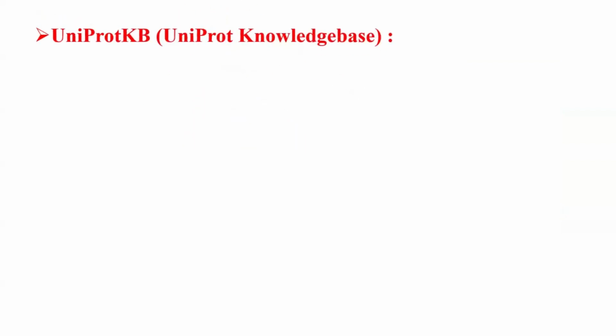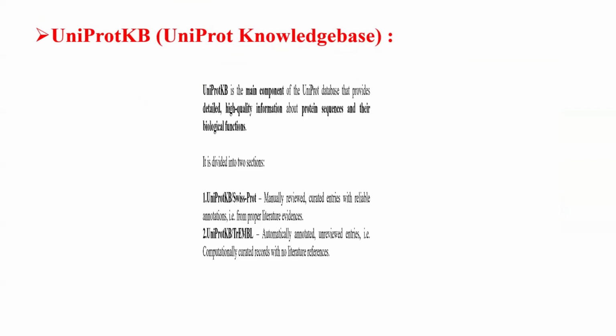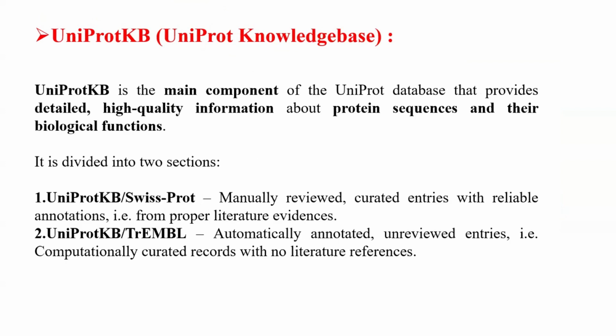So what is now the UniProt KB? The UniProt KB is the main component of the UniProt database that provides detailed and high quality information about protein sequences and their biological functions. Whichever protein you choose, its information, protein sequence, and biological functions are in detail in the UniProt section.